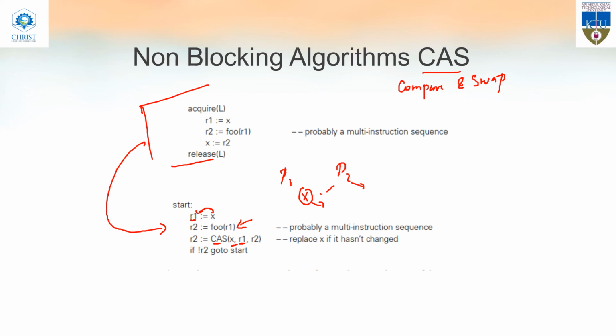If the value of x hasn't changed, that means no process has accessed x, right? So if there is no change in the value of x, it will copy the value R2 to x.